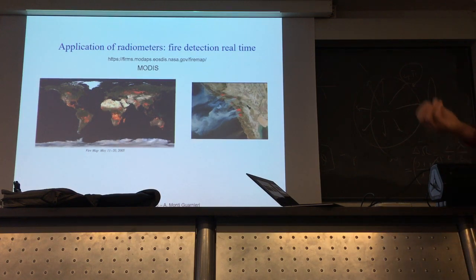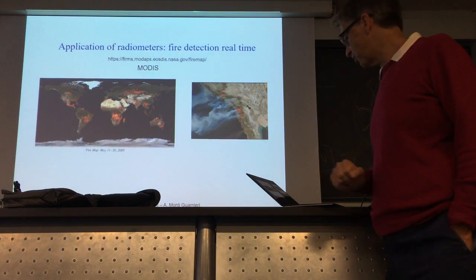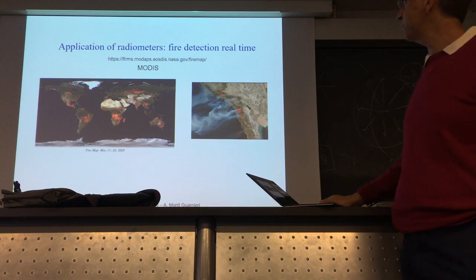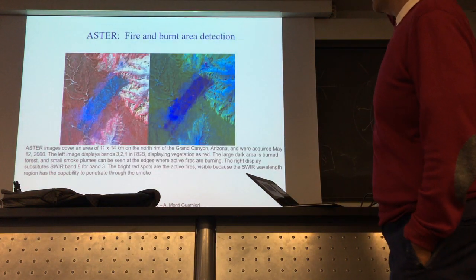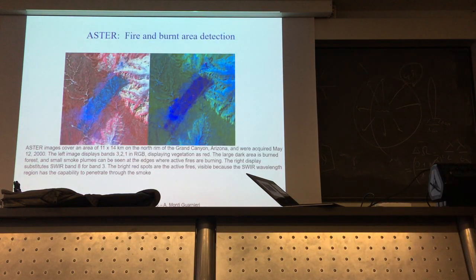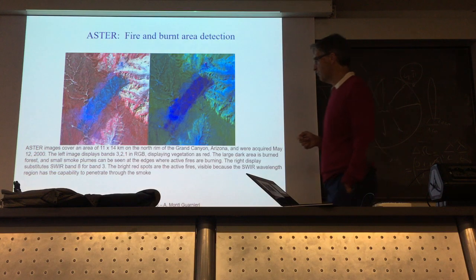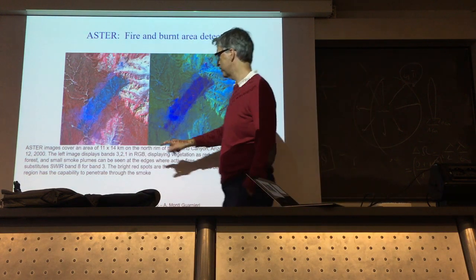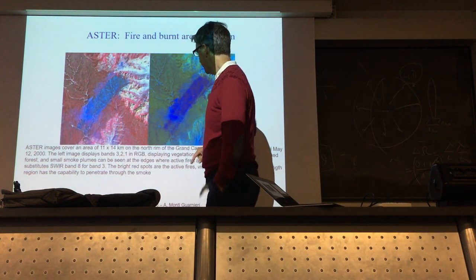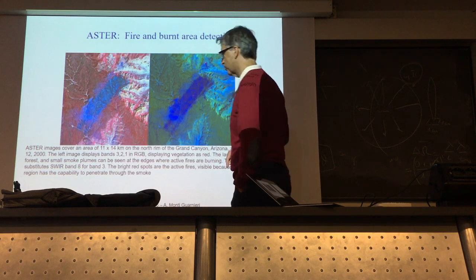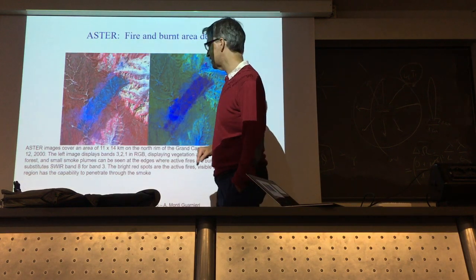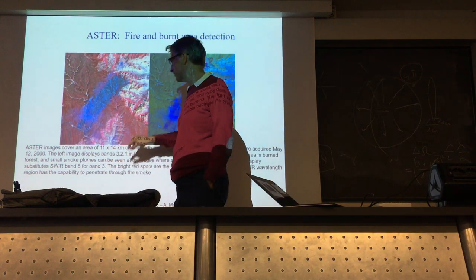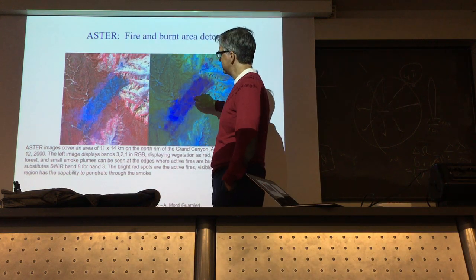So it's sensitive to all the positions where the fire comes out. If you want to monitor the fire, you go on MODIS, and in real time you have this. Here an example of an ASTER image, that is again multispectral, in which you can combine different bands. For example, if you combine band 3 to 1, you have this, and if you select a different combination, so instead of 3 to 1, you make band 8 to 1, you have this.